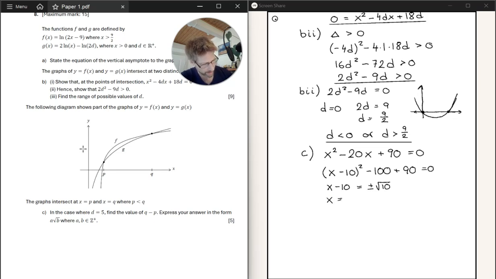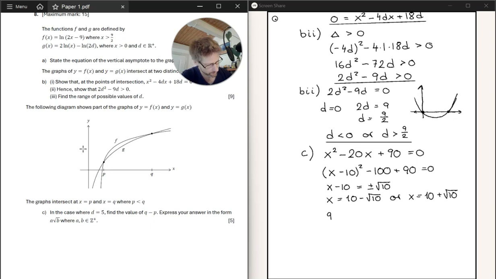So x is either 10 minus the square root of 10, or x is equal to 10 plus the square root of 10. And that's the values of P and Q. So since this is the larger one, it must be Q.